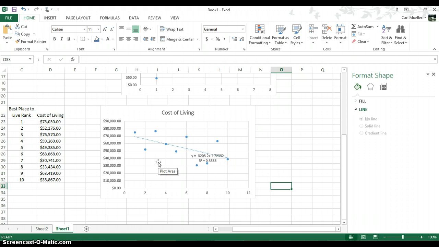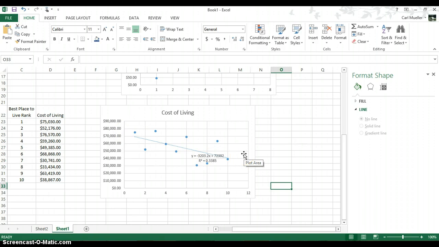B is this number, the y-intercept, and m is the slope. This is our slope. It's a negative slope because it's a negative line. It goes from the upper left down to the lower right.